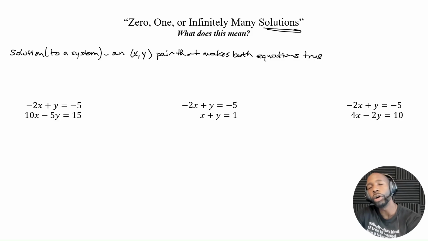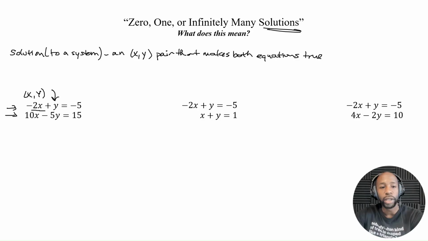So we'll go more in depth a little later, but if you look at these equations here, a solution to this system of two equations is some xy that you could plug into this first equation, and it would make this equal to -5.